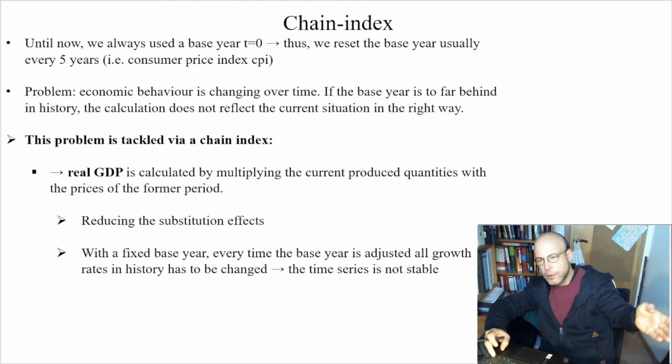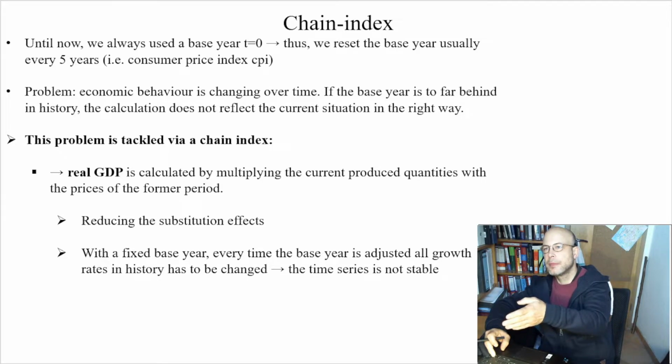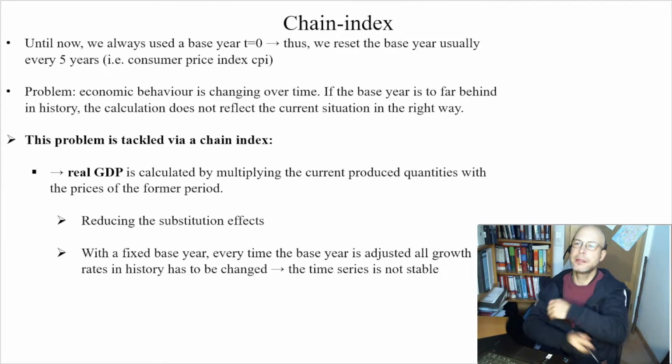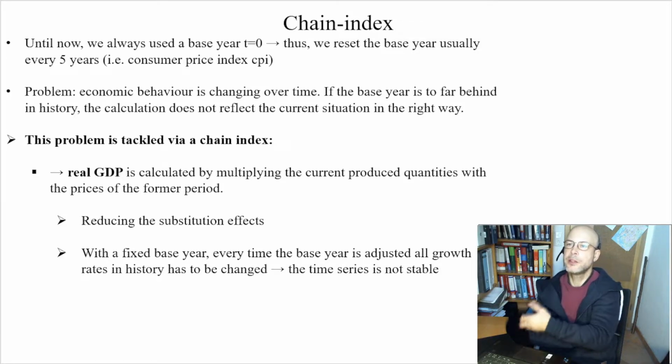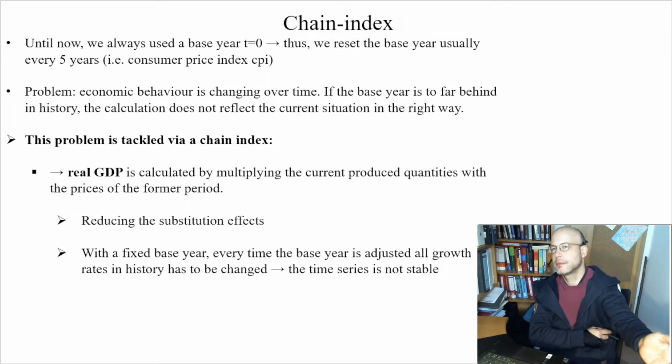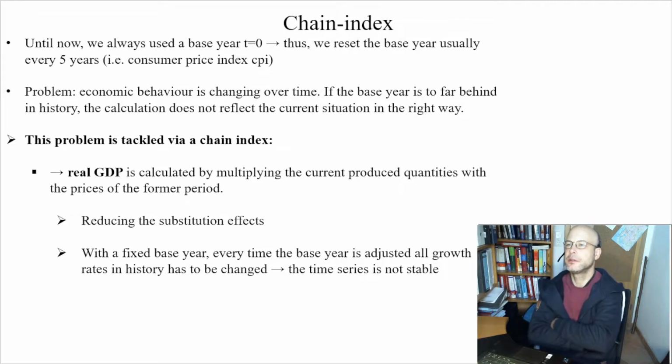And then if we go on in time, then of course, since also our products are changing, some products vanish, we invent new products, and also the quality of products is changing, then we would have a problem if we still take maybe the base year of 2010 or 2000, because in the year 2000 we had other products than in the actual year 2022.